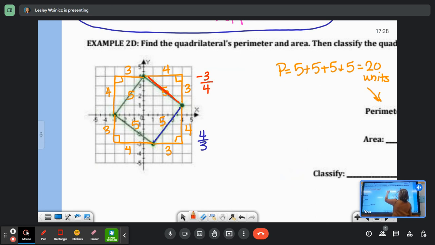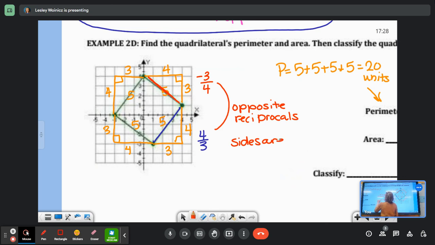These are opposite reciprocals. So those sides are perpendicular. I'm going to say consecutive sides.